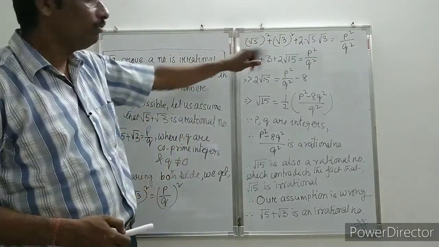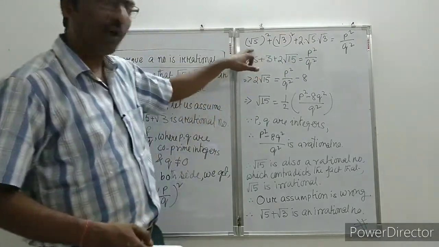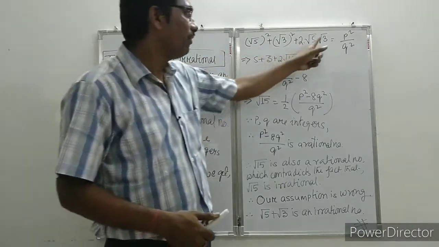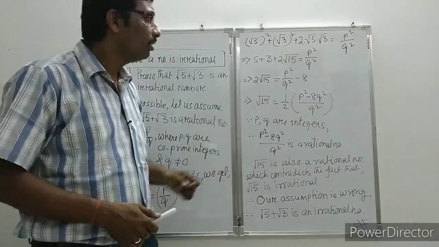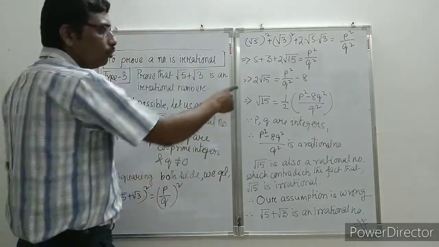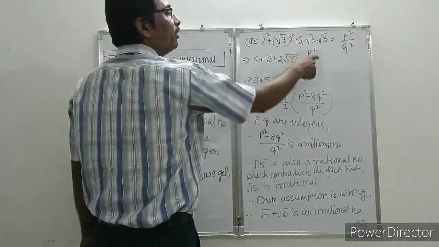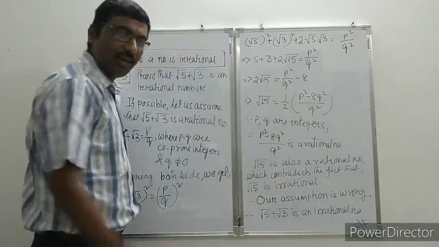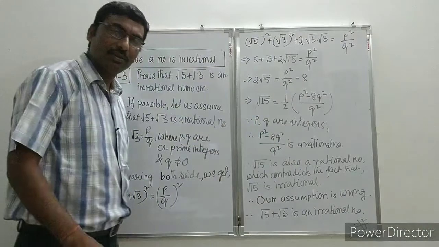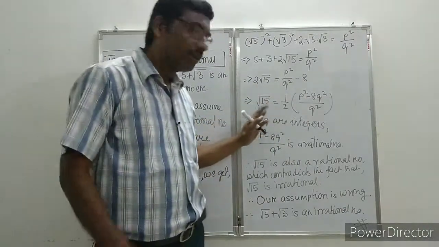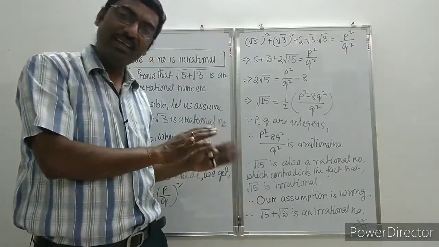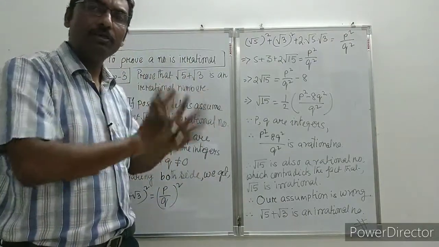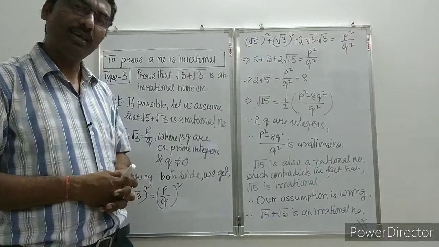So expressing in that form, what we are getting: root 5 whole square means 5, root 3 square means 3, root 5 into root 3 is root 15. So it will become 8 plus 2 root 15 is equal to p square by q square. This 5 plus 3, 8 will transpose to the other side and it will become minus. And then here also the same technique: keeping the irrational part separate and everything on the other side of the equation.